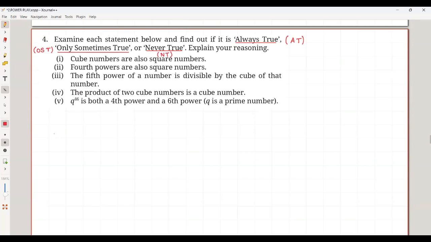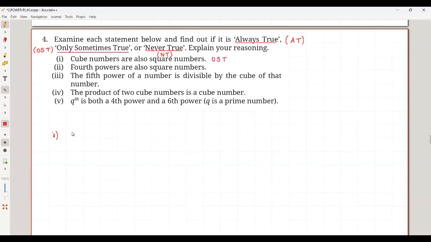First question, I'm writing the answers down. Cube numbers are also square numbers. The answer is only sometimes true.